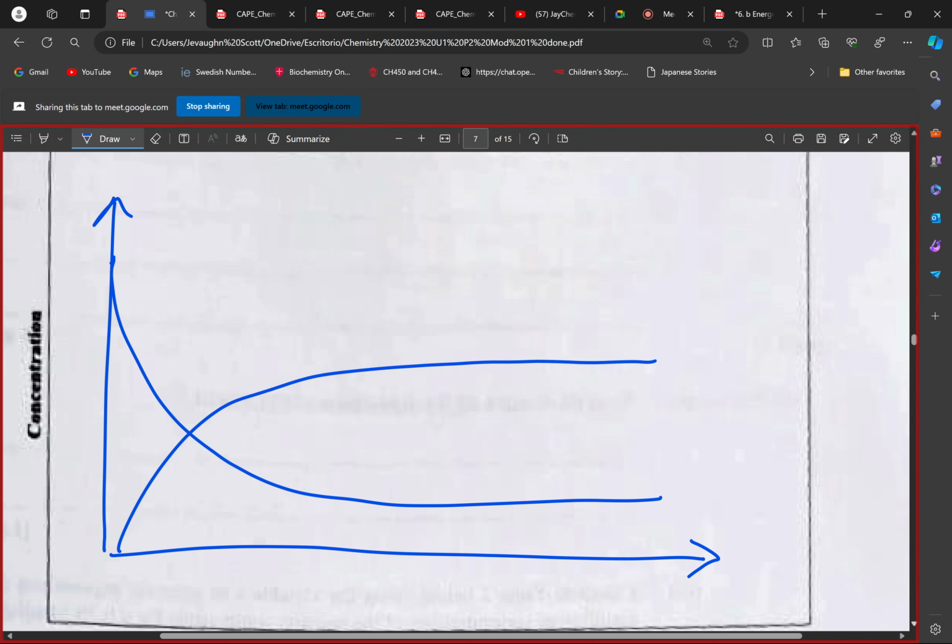Lovely. So this would be the N2O4, and this would be the NO2. And when the lines start to go directly parallel with the x-axis, that means the concentrations are constant, and that dictates whether or not our system is in equilibrium. Lovely. Moving on.